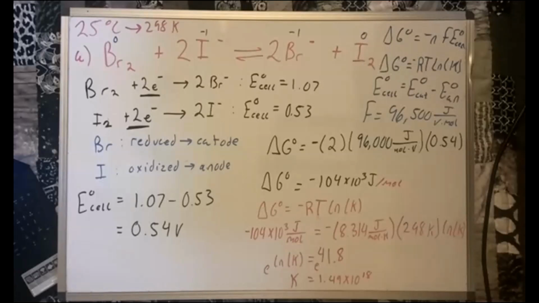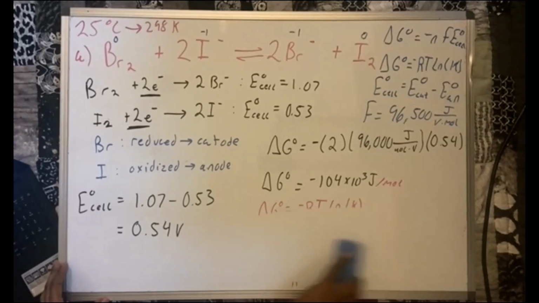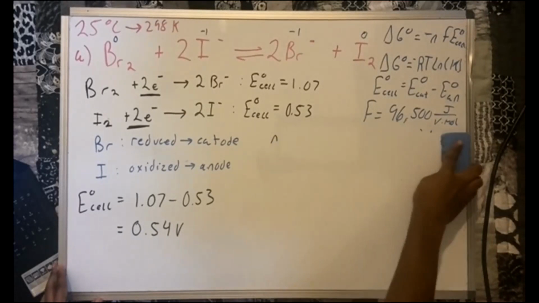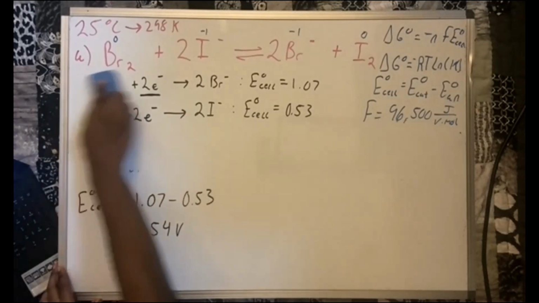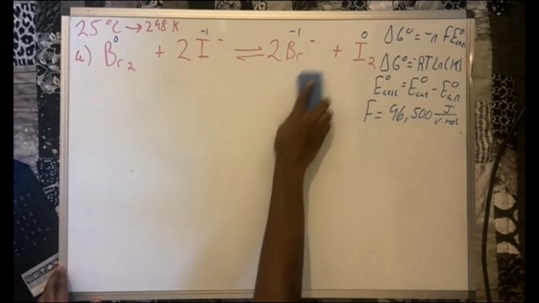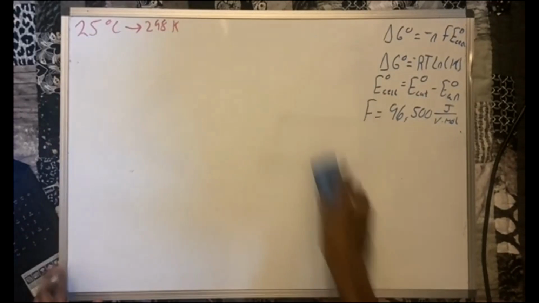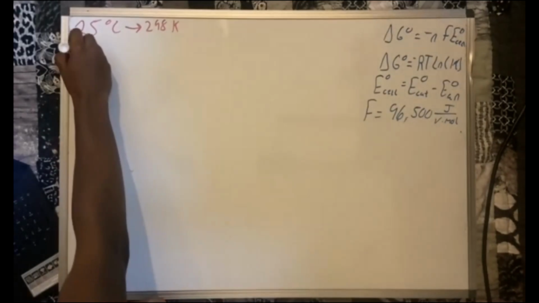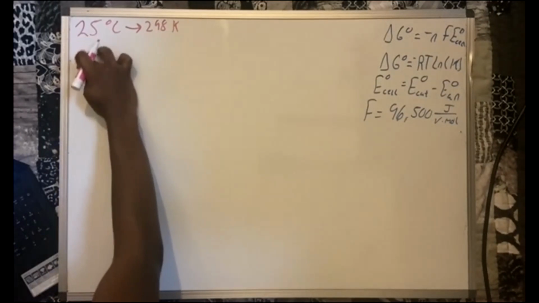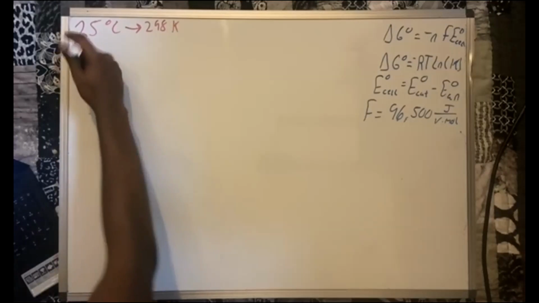Do you multiply it by 2? No, you actually don't. You don't need to fix it. So in part B, you actually don't have to multiply it by anything. You just leave it.